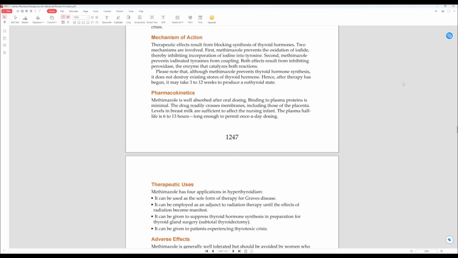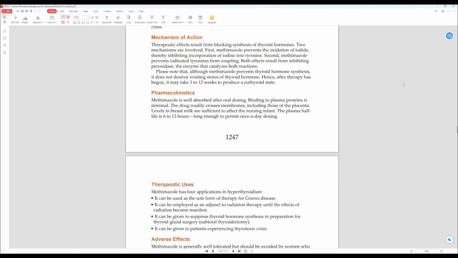Its mechanism of action. Therapeutic effects result from blocking synthesis of thyroid hormone. Two mechanisms are involved. First, methimazole prevents the oxidation of iodide, thereby inhibiting incorporation of iodide into tyrosine. Second, methimazole prevents iodinated tyrosines from coupling.